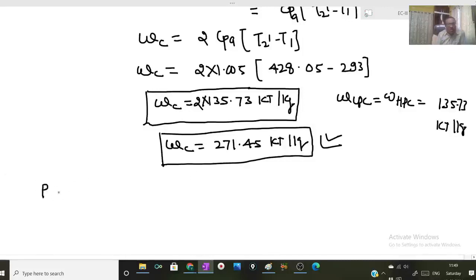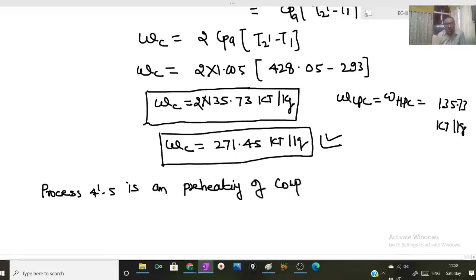So process 4-5 is the preheating of compressed air in the regenerator.